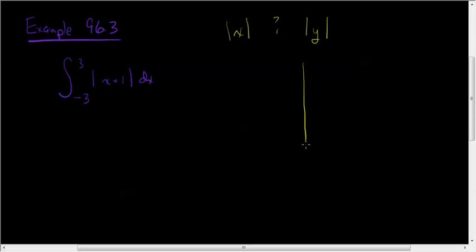It means I'm going to take this x plus 1. If x is 0, it's 1. If x is negative 1, it's 0. It's a line with a slope of 1. So I'm going to take this function, x plus 1, and make it positive. That means everywhere this is negative, this becomes positive.